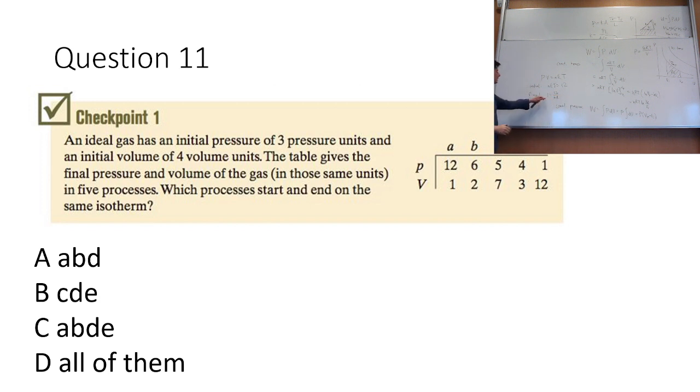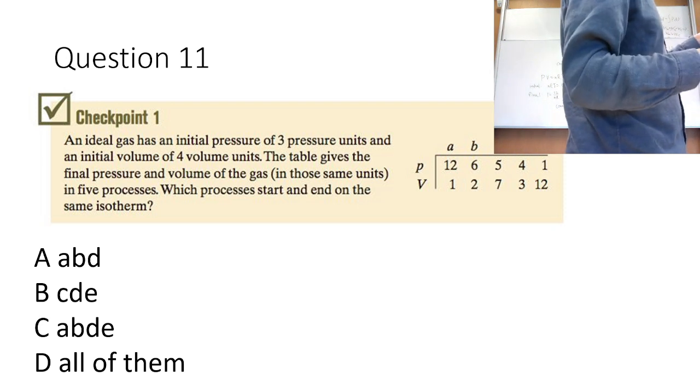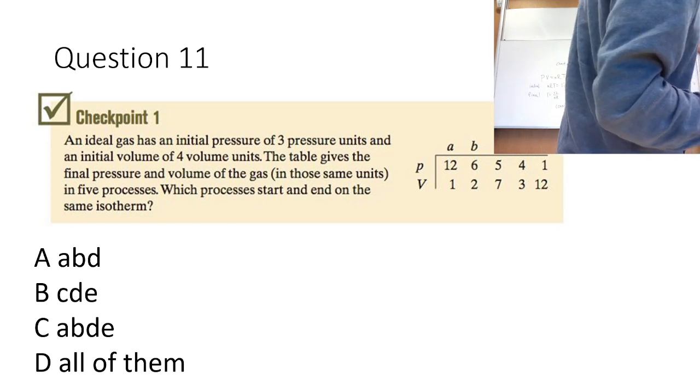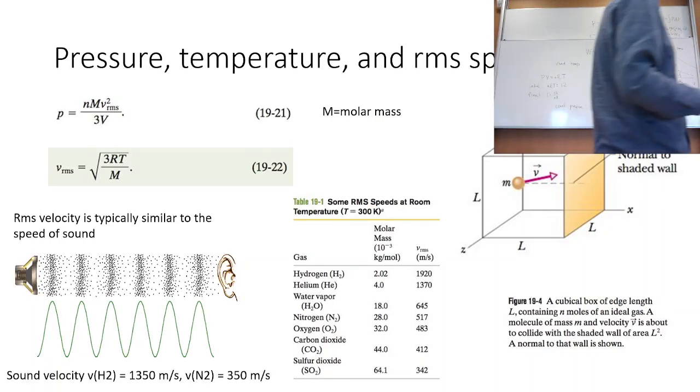So any of those where P times V is equal to 12 is going to be on the same isotherm. So that's A, B, little a, little b, and little d, and little e.